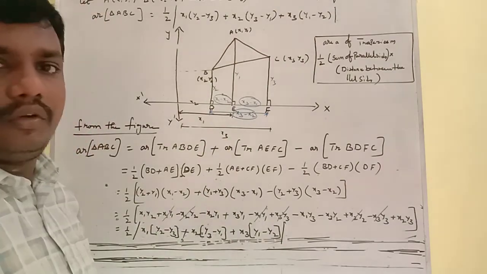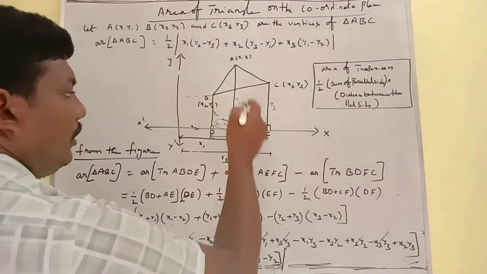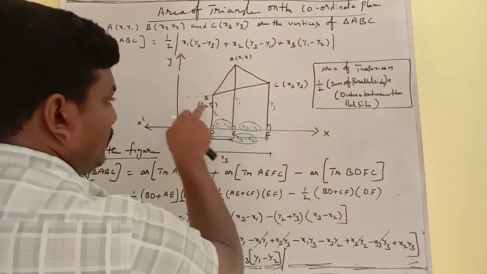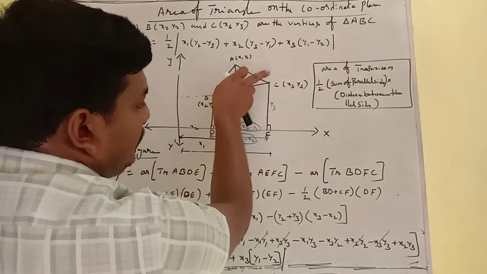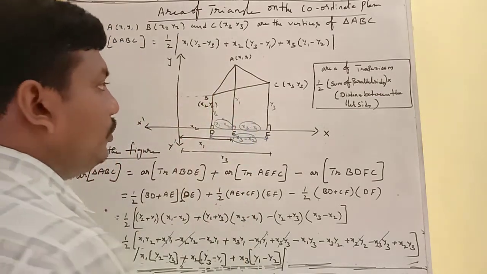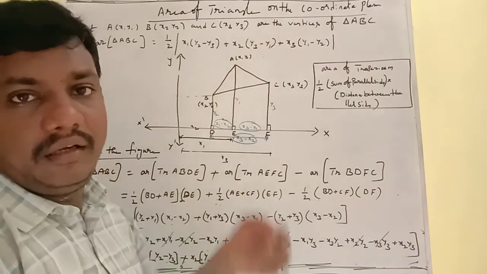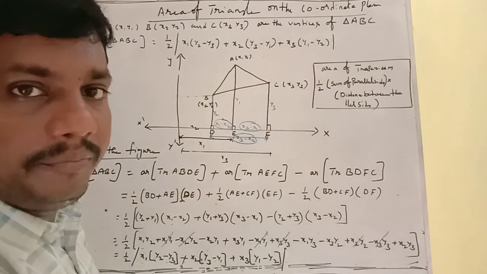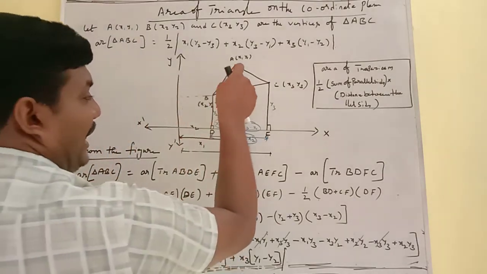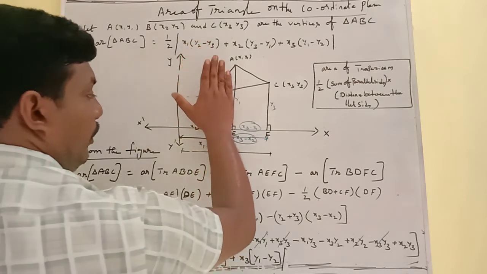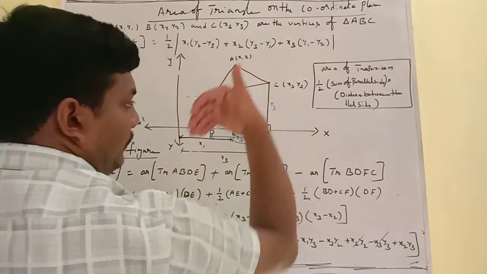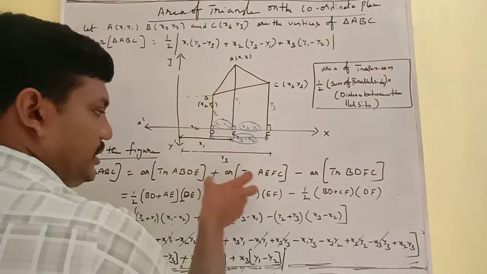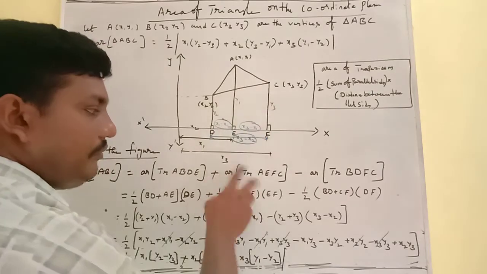After that, we consider the lengths BD, AE and CF. To find the area of this triangle, we consider the area of plane regions. There are three trapeziums in this figure: the first, second and third trapezium. We add the first two trapeziums and subtract the third trapezium from that sum.